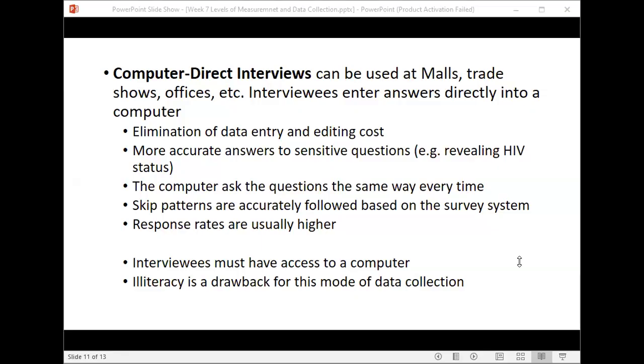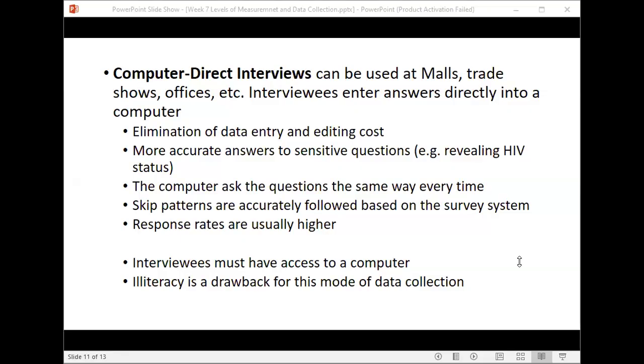If you're asking people about their HIV status in a hospital, it would be good to have it as a computer direct interview. So nobody is there. It's just me and the computer, so I'm able to type and answer the questions. Even though it's sensitive, I can still give you the answer, right? It eliminates data entry because whilst you are entering the data, it's being captured at the other side.